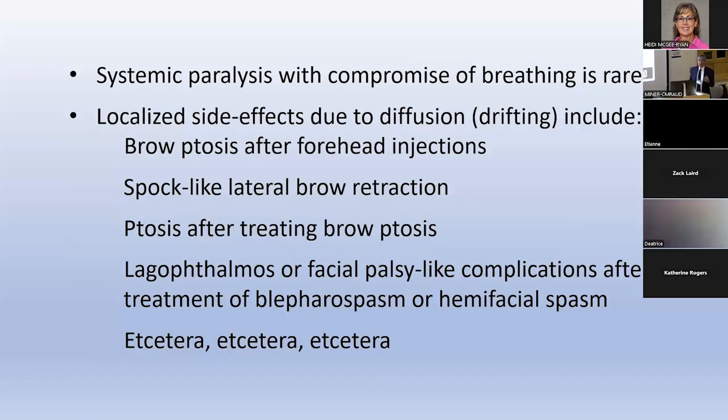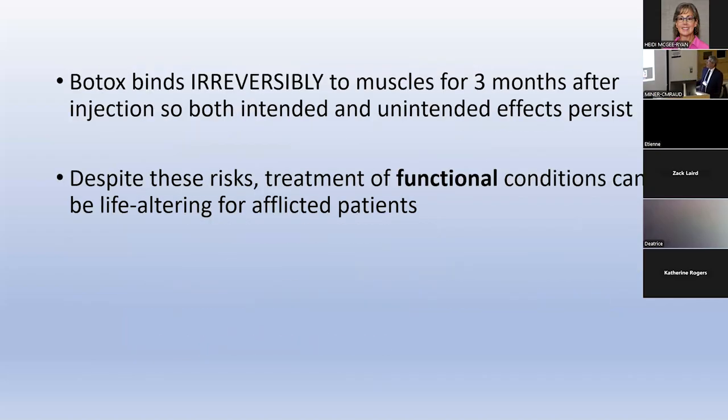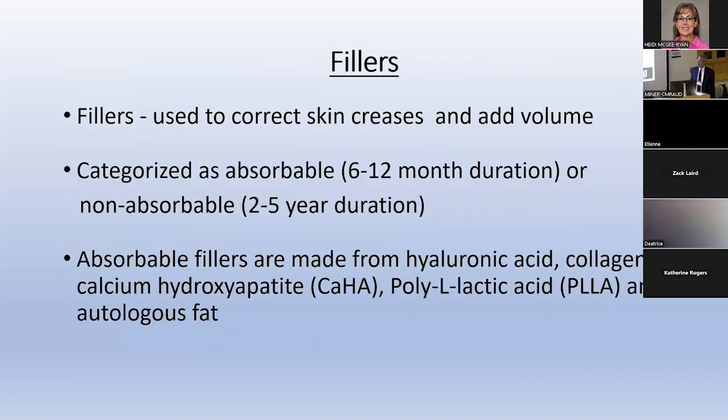Sometimes if too much is given in the eyelid, they can't blink. They can't close their eye afterwards. So you've got an exposure issue, and you can go on and on. Botox binds irreversibly to muscles, whether it's where you injected or where it drifted to. So be aware of that. But I think for patients who have functional problems, it can be life-altering, really give them their life back.